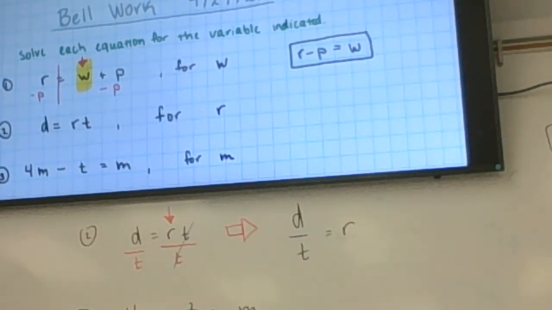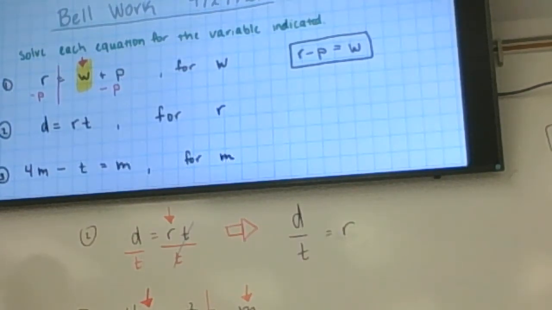Okay, number 3, just getting more and more confusing. It says to get M alone, we have an M here and an M here. So the variable we're trying to isolate is separated by the equal line. What do we got to do? Yeah, go ahead. You want to subtract this M?